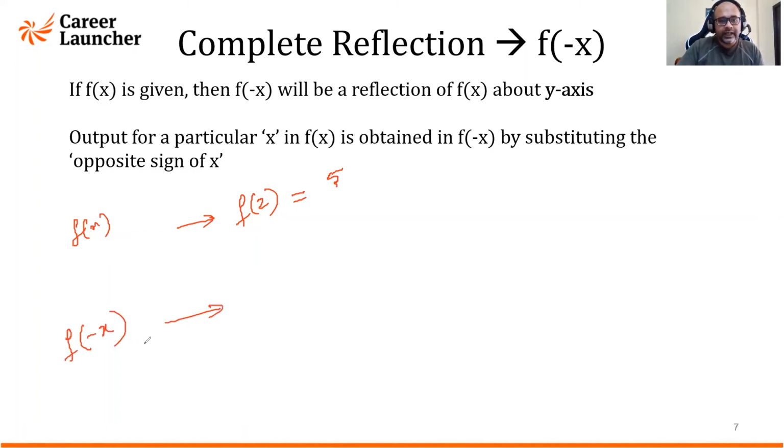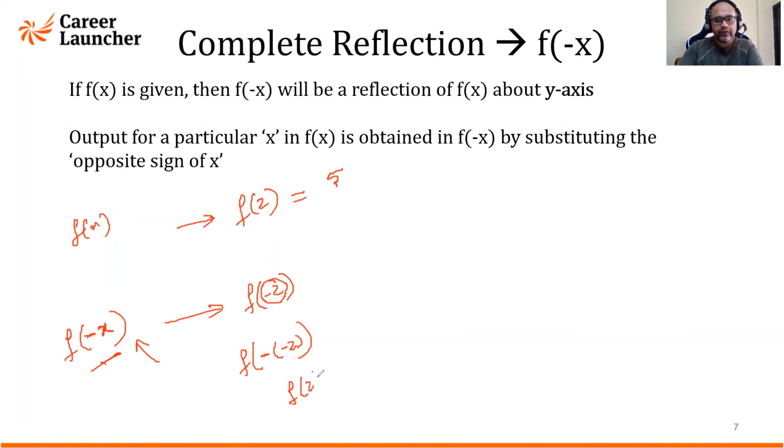Now you can see that in this, if you put minus 2, it becomes f of minus 2, correct? Because this is your x and you are already having a minus x. So minus into minus becomes 2.